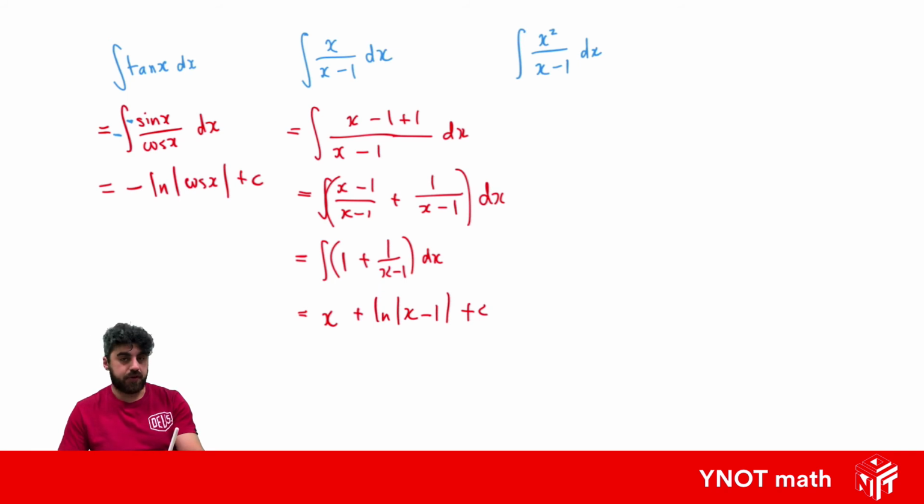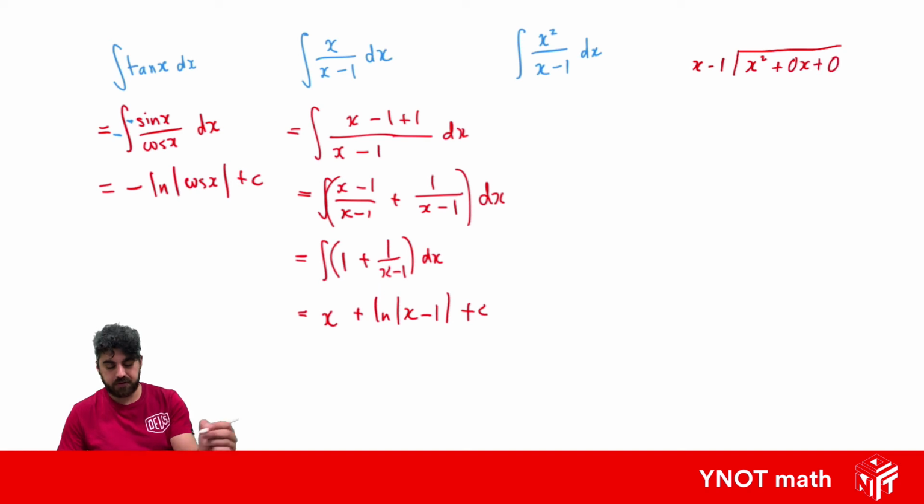So we'll be able to rewrite that term. What we have is x squared divided by x minus 1. We'll just add in our extra terms here, so we've got plus 0x plus 0. And now we do the long division. So x going into x squared, x times.